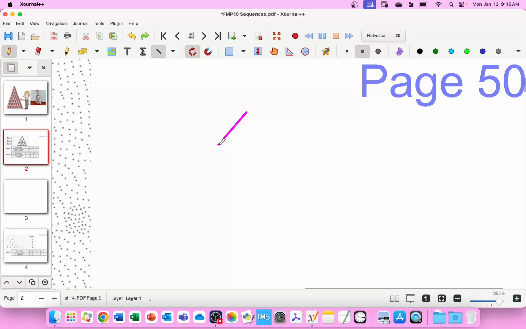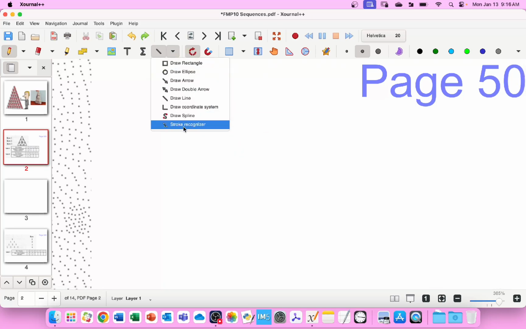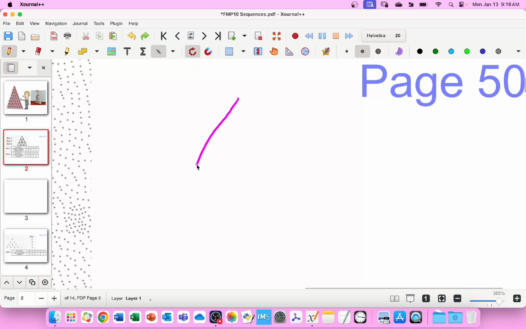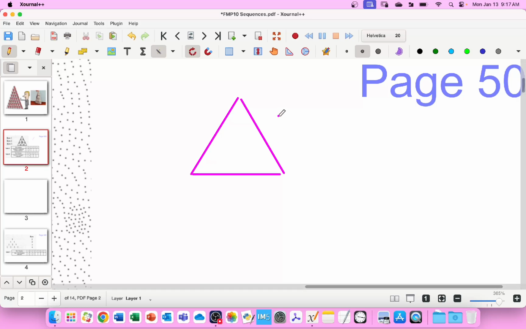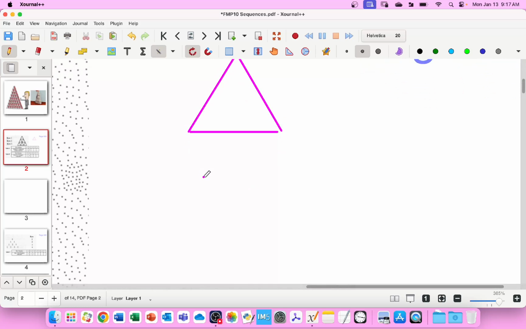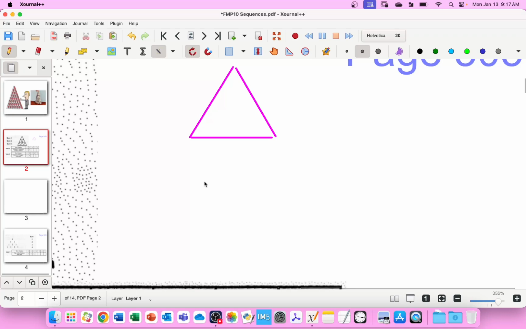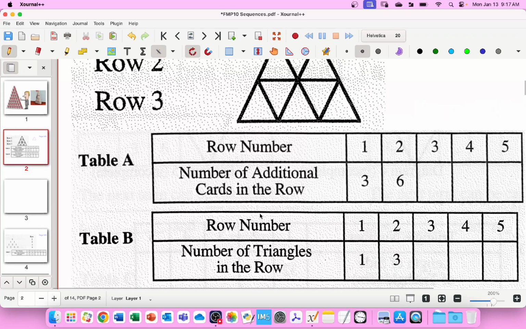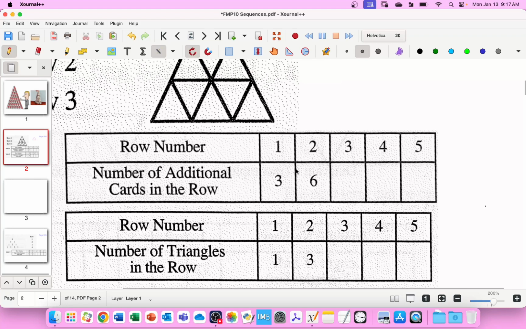So 1, 2, 3. That's how we get over here for row number 1, there's 3 cards, right?